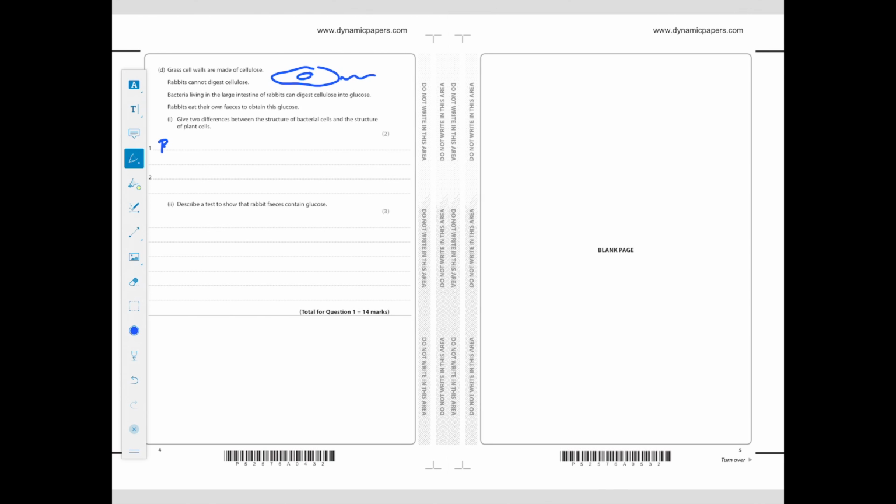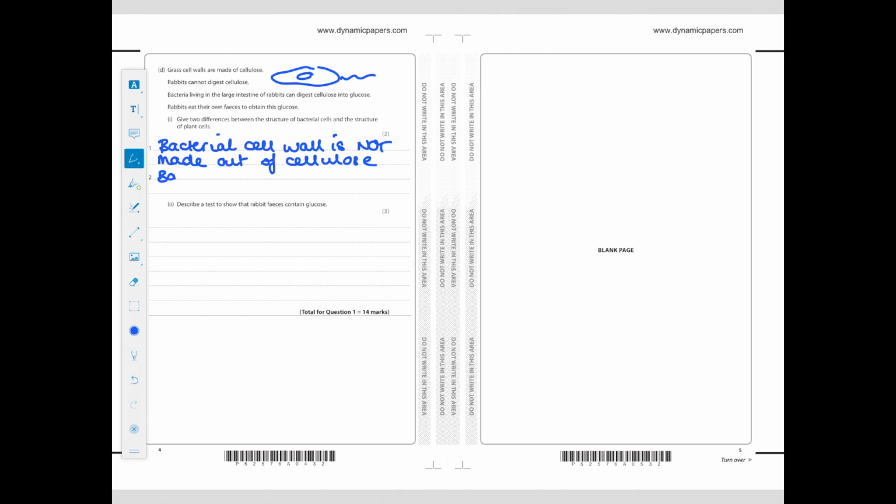So you could write here, the bacterial cell wall is not made out of cellulose, unlike the plant cell, which they've already told us here in the question that it is made out of cellulose. Secondly, remember in a plant cell it has a distinct nucleus. There's no distinct nucleus in a bacterial cell. Instead, they have a circular chromosome or a nucleoid.